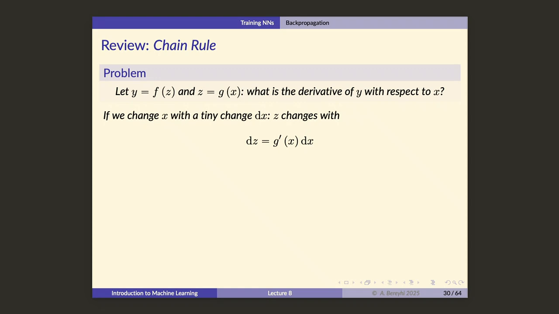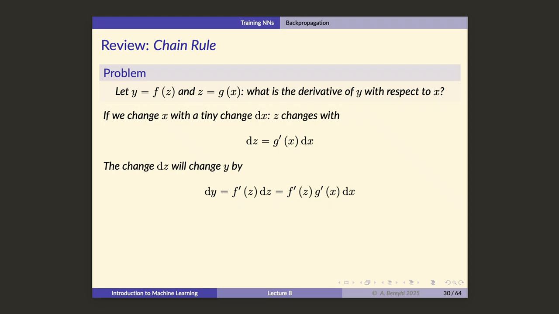That dz is the derivative of z with respect to x times dx. So if I change x a tiny bit by dx, the change in z is dz equals the derivative of my function g times dx. Now for the second function, z has changed a tiny bit by dz, and how does it reflect on the value of y?